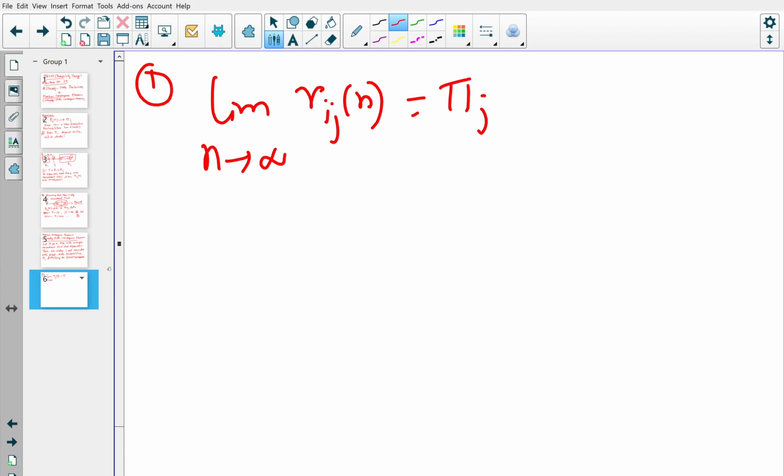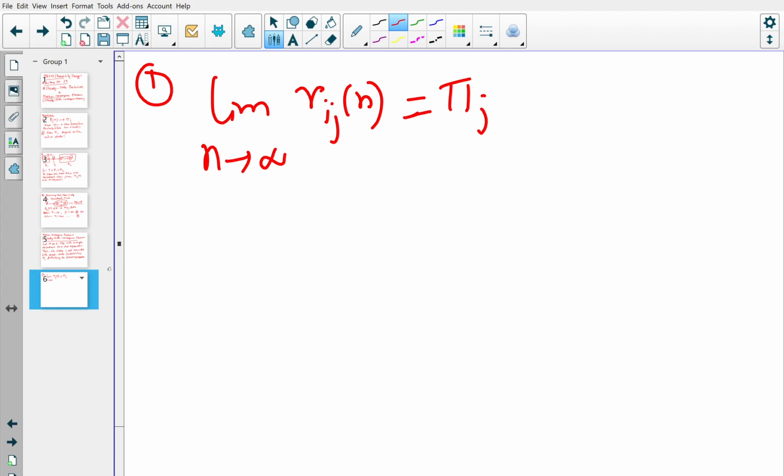So what does that mean? It means this probability will be stationary, and with that probability the state j will be achieved. It doesn't matter from where you are starting.